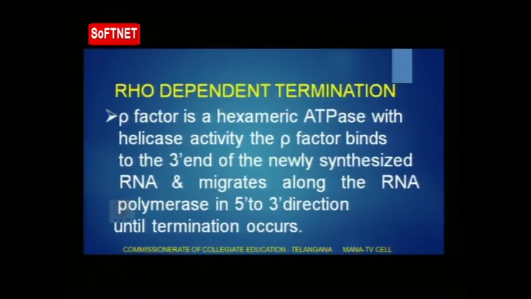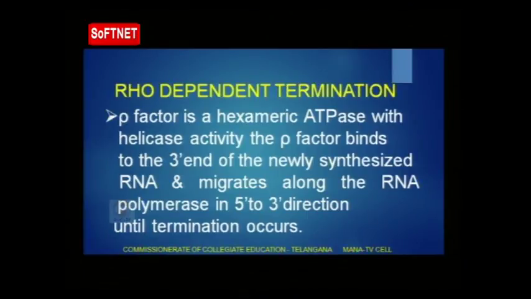So the termination process will occur when the RNA polymerase encounters a specific sequence called the termination site, and this is nothing but an inverted palindrome sequence, and after the transcription of this inverted palindrome sequence, a hairpin loop structure will be formed.